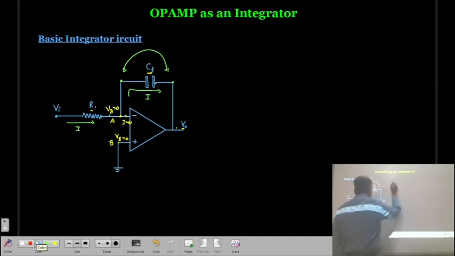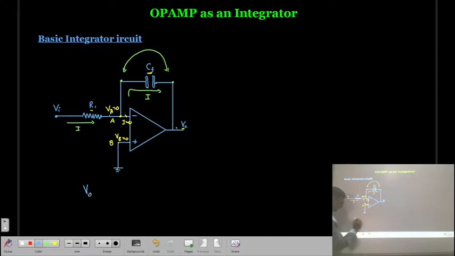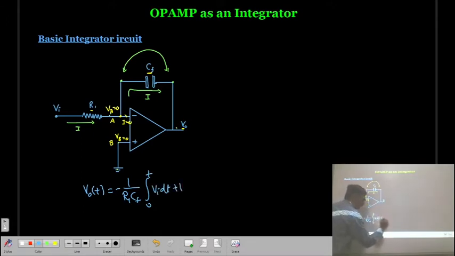Here we will write the expression for the output of the integrator at any time t, given as minus 1 upon Rf into Cf, integration of your input voltage from 0 to t, correct? This is the output voltage.